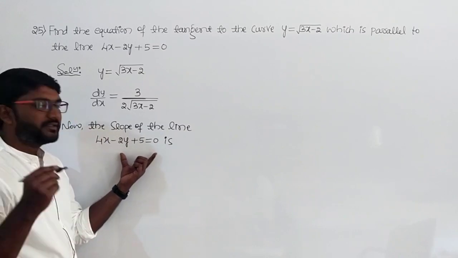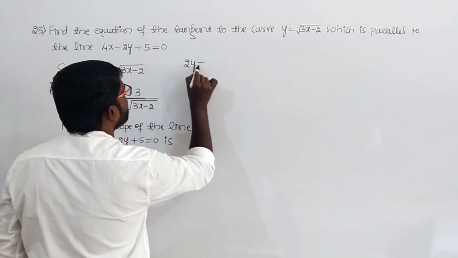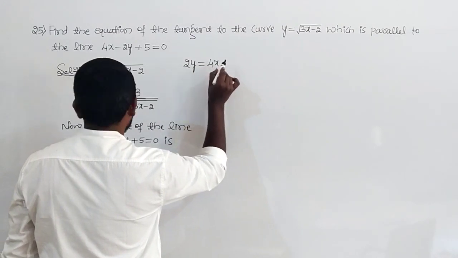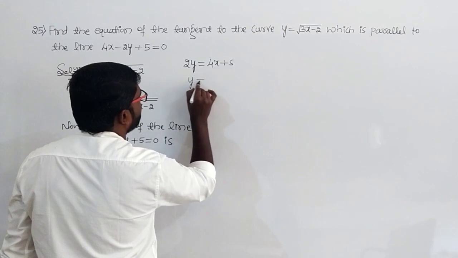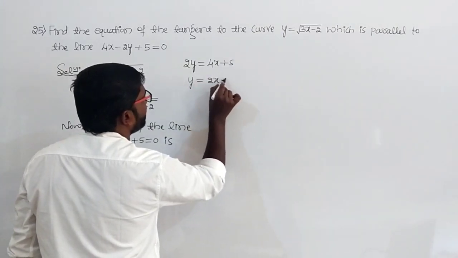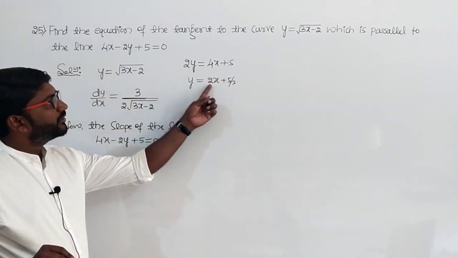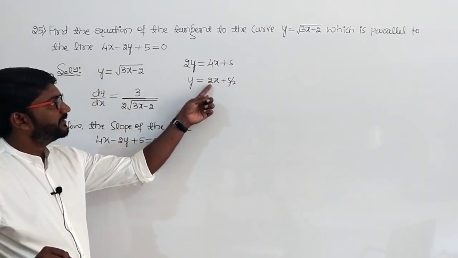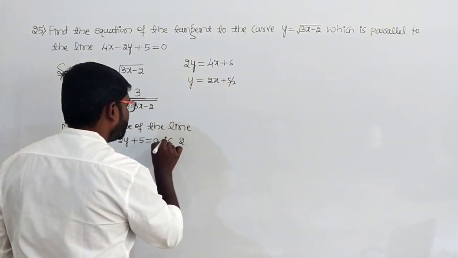So convert this in the form of y equal to mx plus c. We get 2y which is equal to 4x plus 5, and then y becomes 4 by 2, that will be 2x plus 5 by 2. Then here it is in the form of y equal to mx plus c, where m is the slope, that is 2 is going to be the slope.